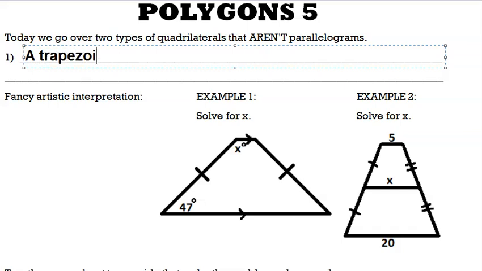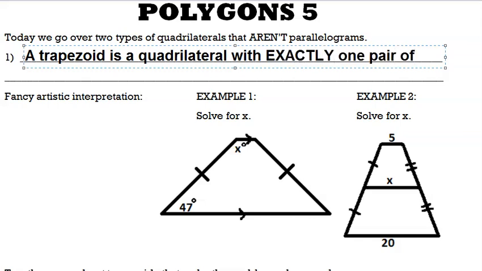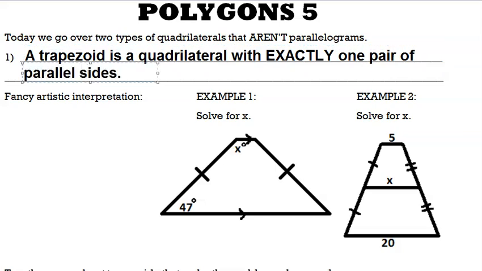A trapezoid is a quadrilateral with, and the key here is the word exactly, one pair of parallel sides. It has to be exactly one pair of parallel sides. So basically, if it was 2 pairs of parallel sides, it would be a parallelogram.